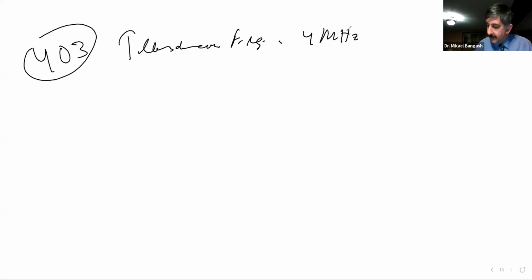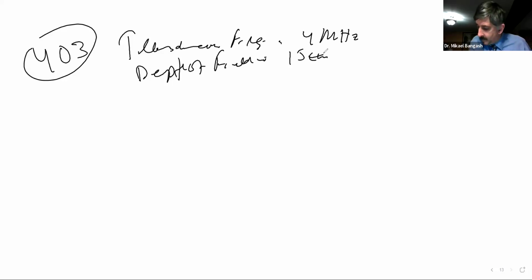It is used to image structures as deep as 15 centimeters. So depth of field is 15 centimeters. 20 images are produced each second.